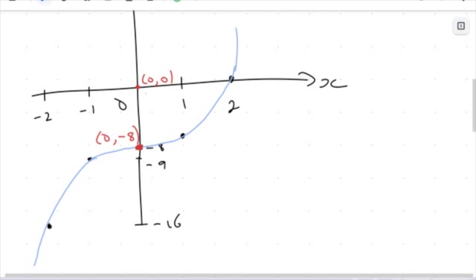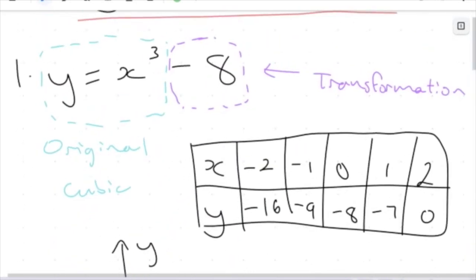Now, here we have shifted each part of this graph down by 8 units. And that's given to us by the part of the function's equation which is the transformation. So remember, when we have a positive or a negative number at the end here, that gives me a vertical translation.